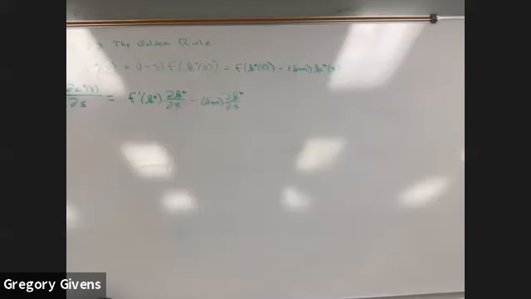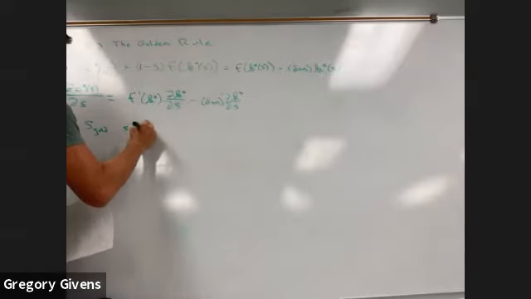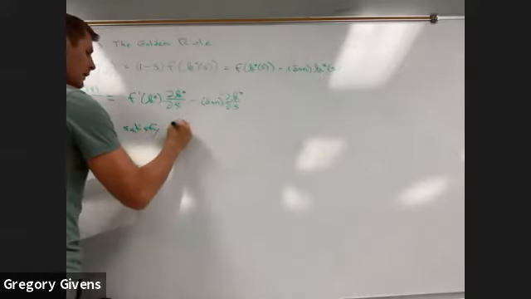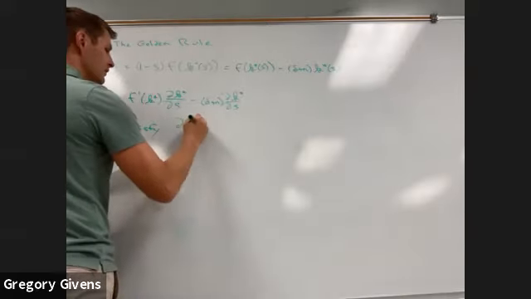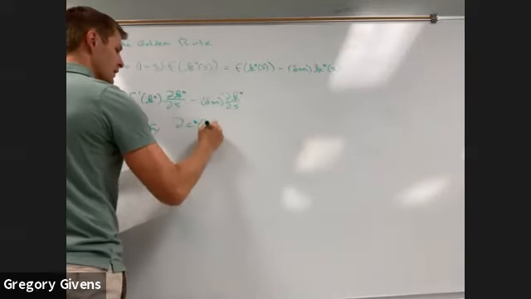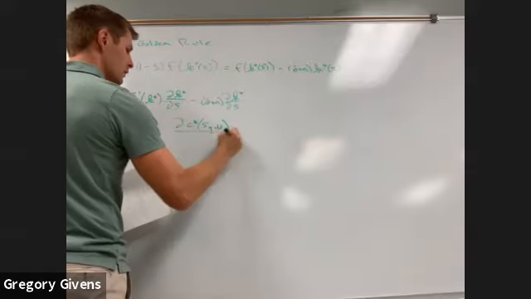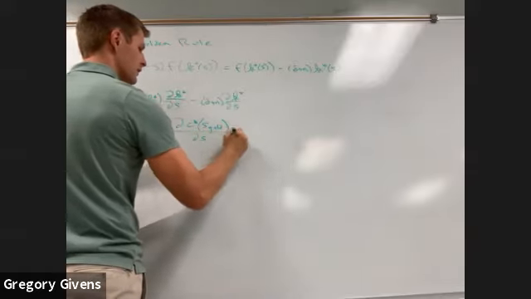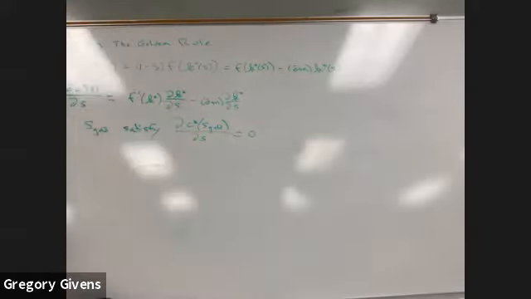Now, if we've identified the savings rate that maximizes consumption in the long run, let's call that S gold. So that's a particular savings rate that maximizes consumption in the long run. We know that it's going to have to satisfy the following. The partial of C star evaluated at S gold with respect to S has to be equal to 0, right?